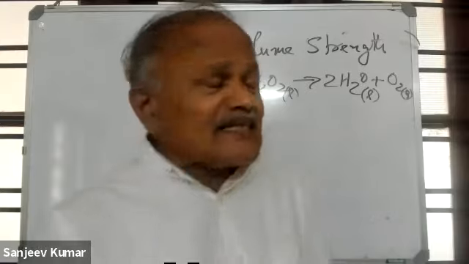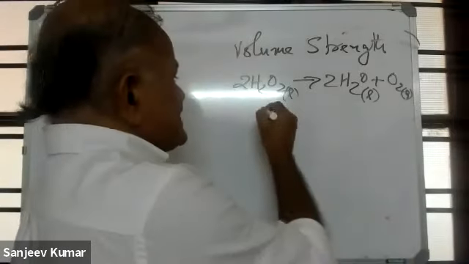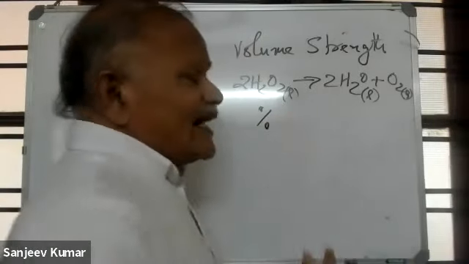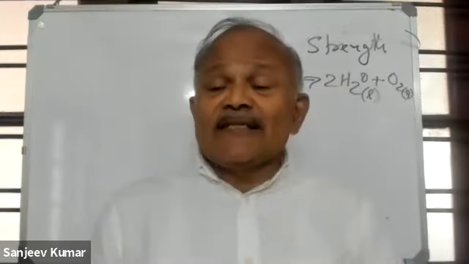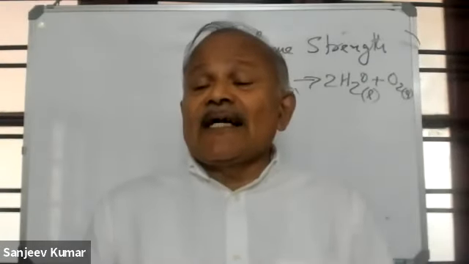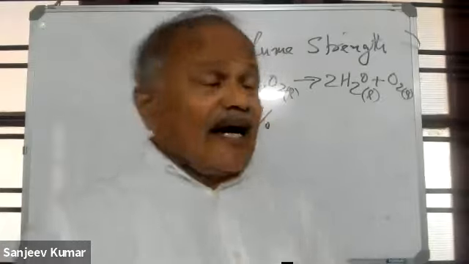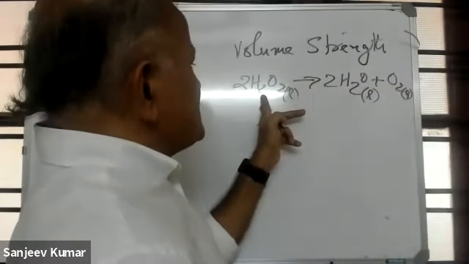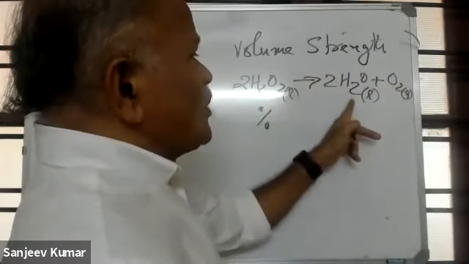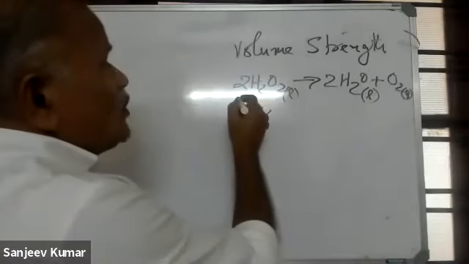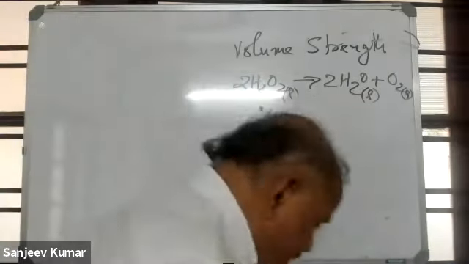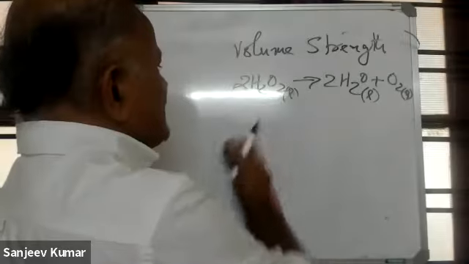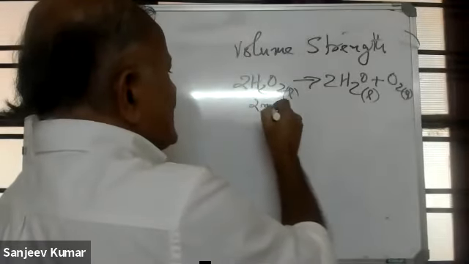Then percentage strength is there. Percentage strength is the percentage of hydrogen peroxide present in 100 ml of that hydrogen peroxide. And we know the equation is 2H2O2 gives 2H2O plus O2, meaning 2 moles of hydrogen peroxide.